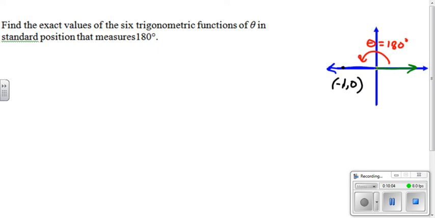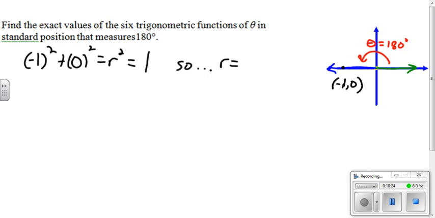So if we have a point there, and we want to find our r, we do the Pythagorean theorem. We'd say negative 1 squared plus 0 squared equals r squared, and negative 1 squared plus 0 squared is going to be 1. So our r value is also 1.